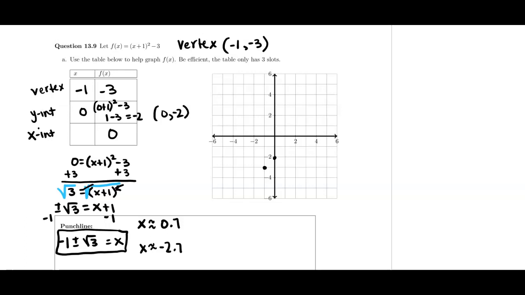So 0.7 is going to be about here, and -2.7, you're about there. Now it's a little bit easier to see the shape of the parabola.